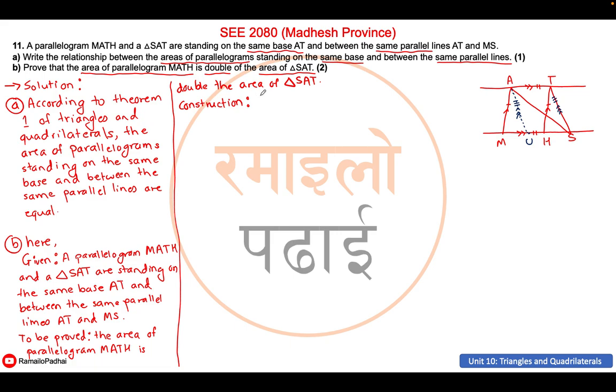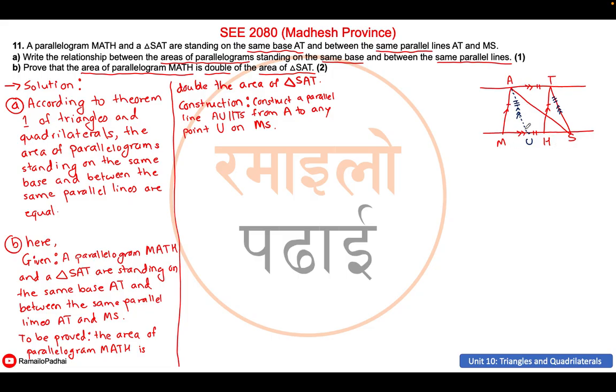So the construction is: construct a parallel line AU parallel to TS from A to any point U on MS. What it says is to construct a line AU parallel to TS so that U is somewhere on the line MS. Why somewhere on the line?